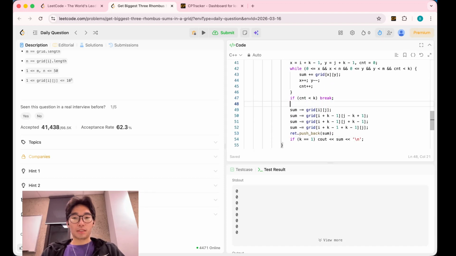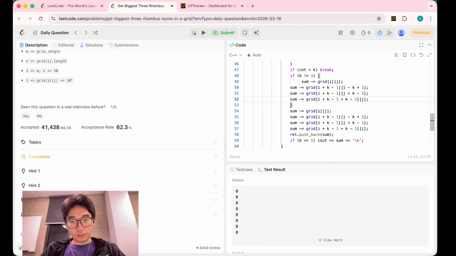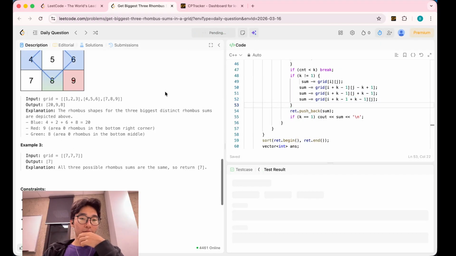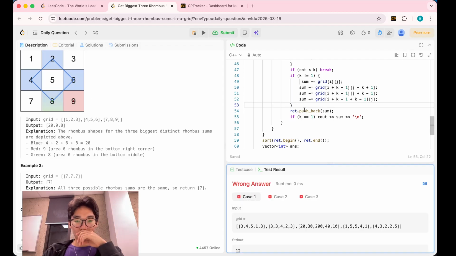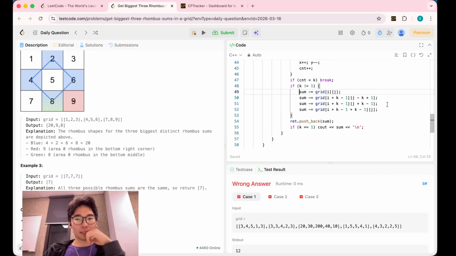Okay, maybe it's this one, because yeah, I think this is the solution: for the one case we are only adding it 4 times instead of once, so we've got to subtract this 3 times.